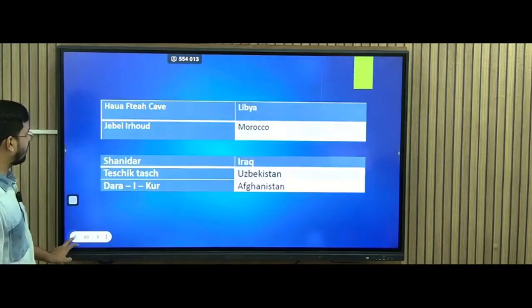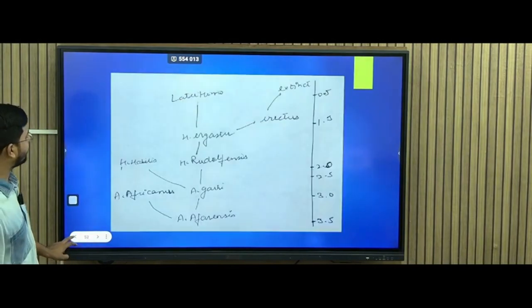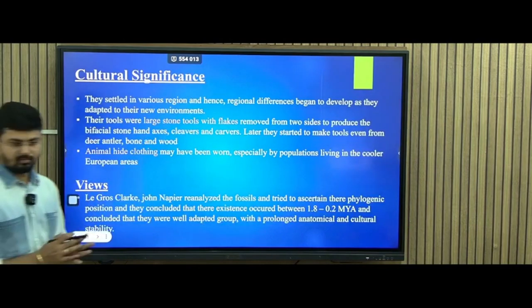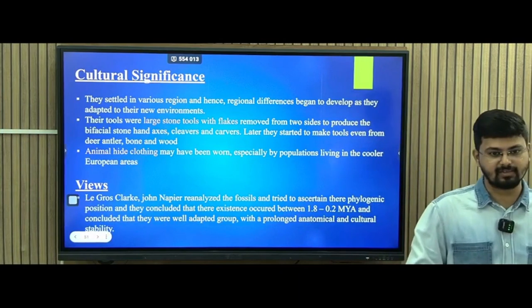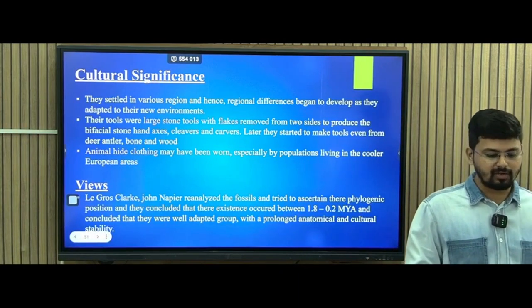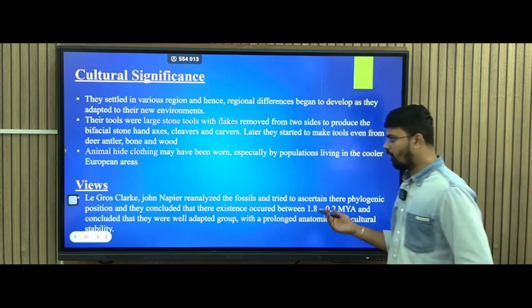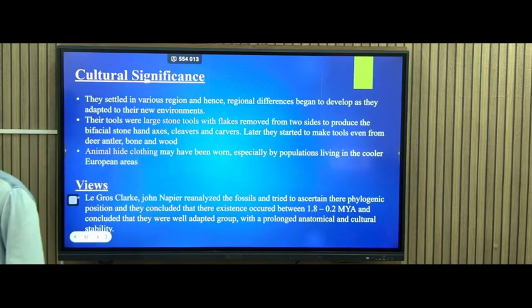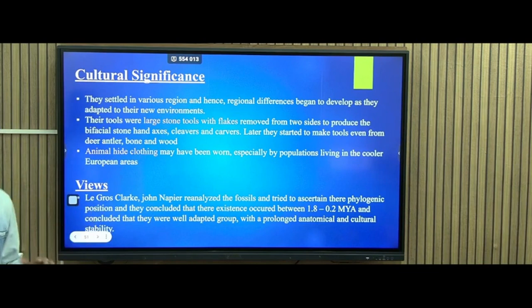So coming to the cultural features, yesterday I already explained that they started making tools, that too hand axes. Along with the previous tools, now you have hand axes. They settled in various regions and there are regional differences.